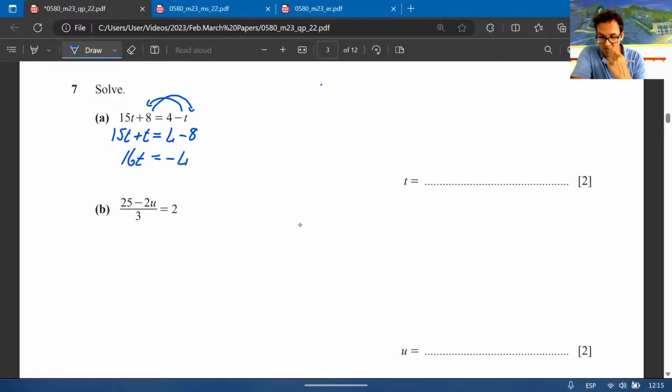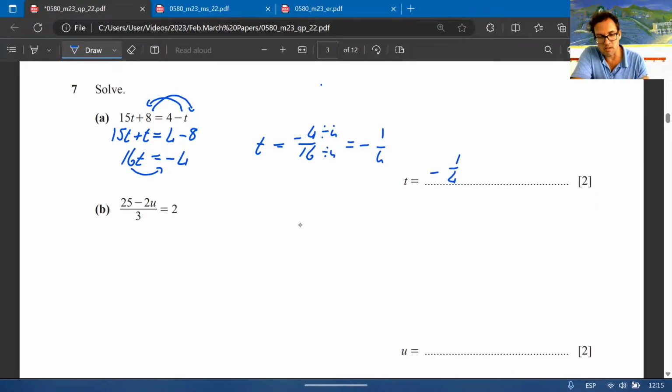Don't get that confused. So the last thing is we divide both sides by 16. And there we get the answer, minus 4 over 16. I bet you can write that, but if you want to simplify, of course, there's nothing wrong with it. You divide the top and the bottom by 4, it gives you minus a quarter.